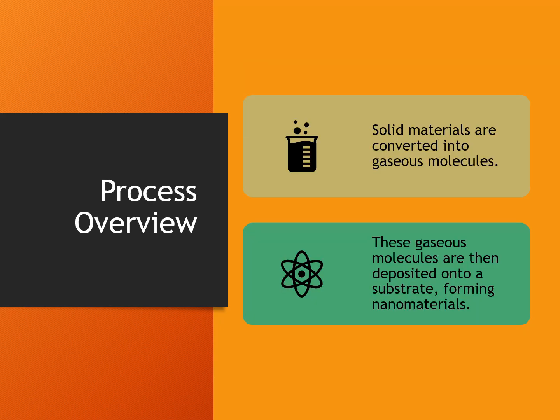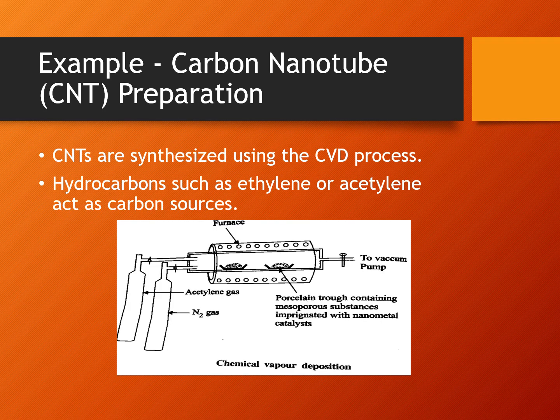Solid materials are first converted to gaseous molecule, and the gaseous molecule are then deposited on the cooler surface of the substrate, forming carbon nanomaterial. So this is the diagrammatic representation for the CVD method.